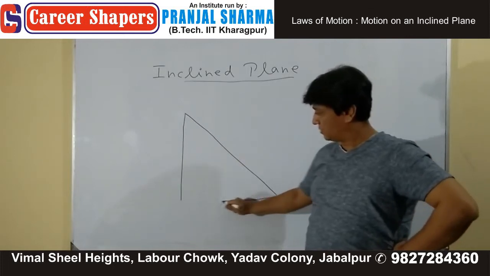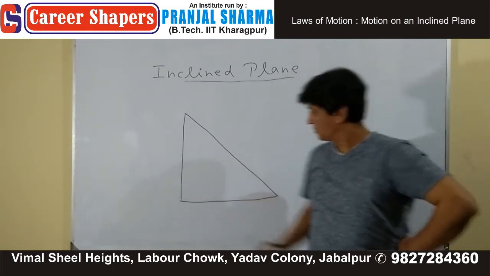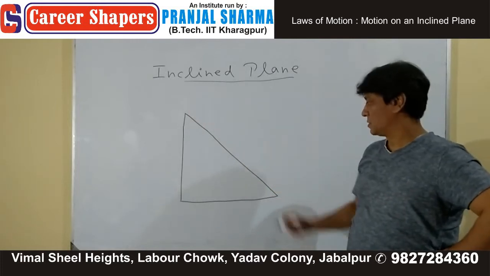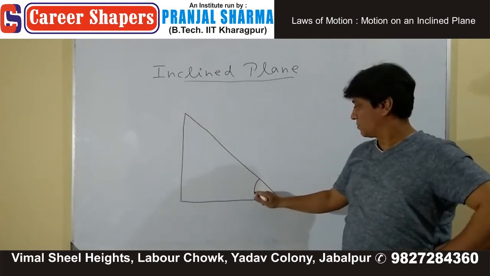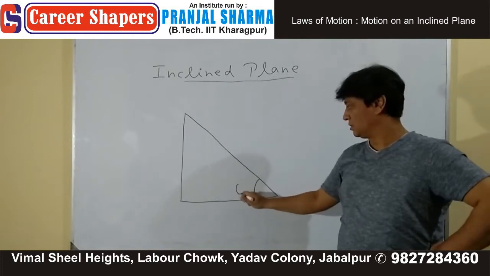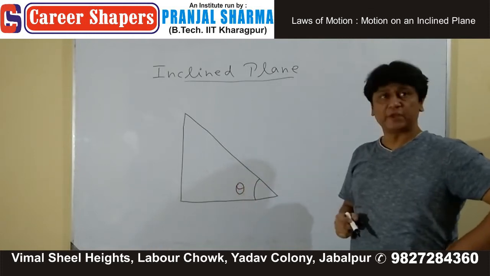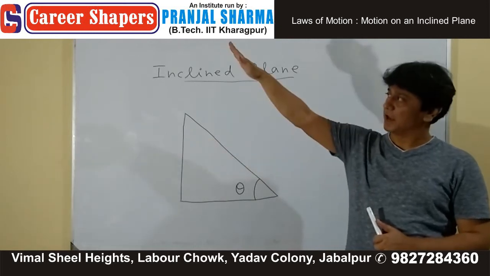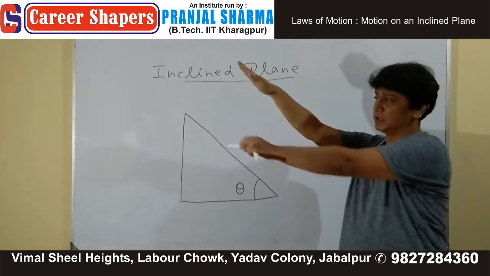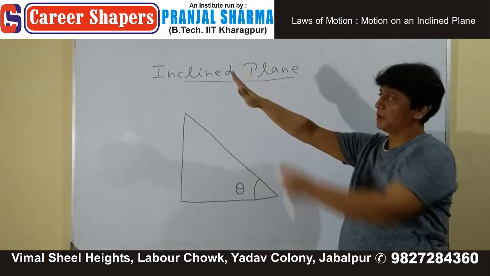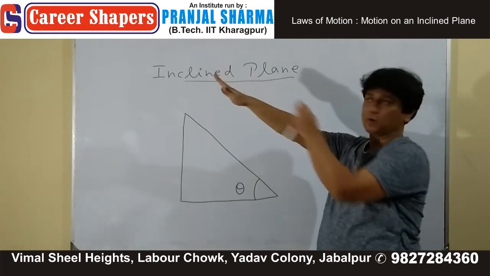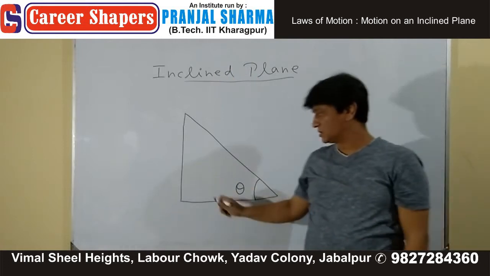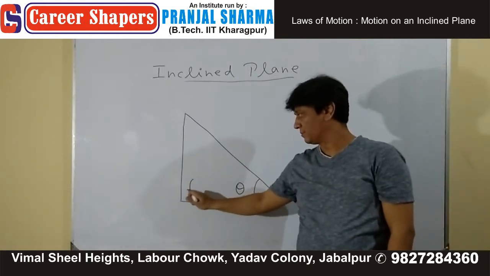This is an inclined plane, inclined surface. The angle of the incline with horizontal is theta. This is the incline, and the angle which it makes with horizontal is theta. An object is going to slide down like this. It's a fixed incline.